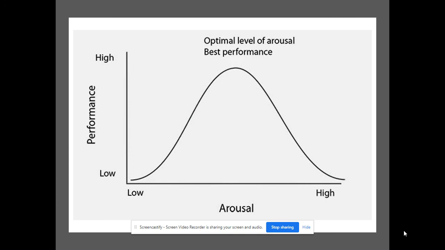So if you think back to a lesson or a game that you played that you weren't really into it, okay, you weren't motivated for it, your arousal levels would have been quite low, which by turn would mean your performance was low.